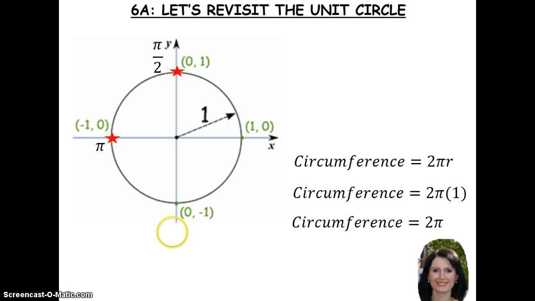Then if we head around to 3/4 of the way through the circle, we can think, well, 3/4 of 2 pi, 3 times 2 is 6. So that's 6 pi on 4, and if we simplify it, it's 3 pi on 2. So 3/4 around the circle is 3 pi on 2, taking us all the way around to 2 pi.